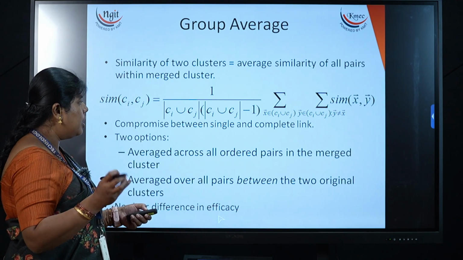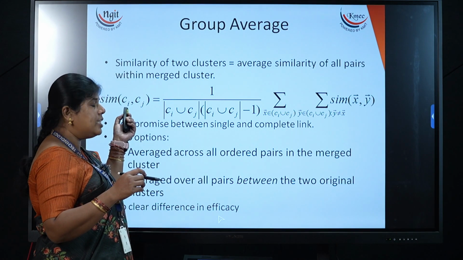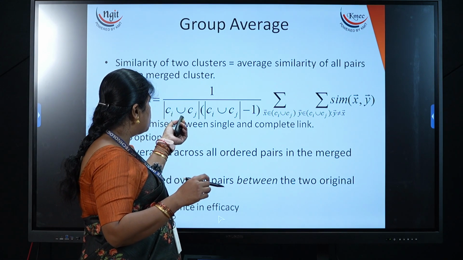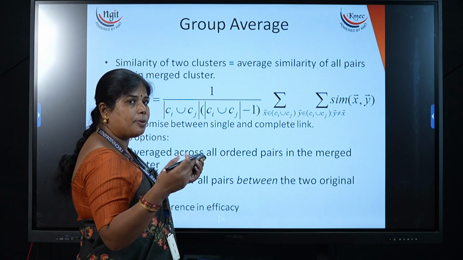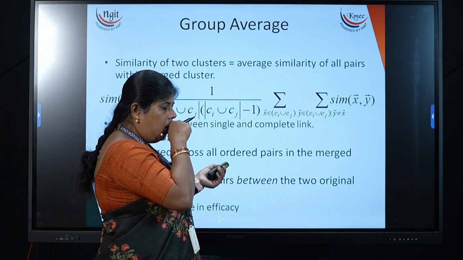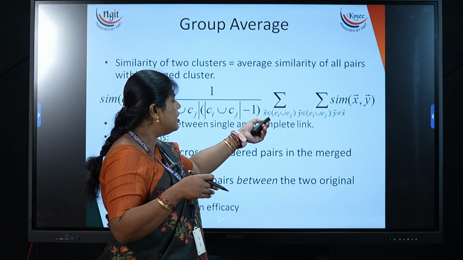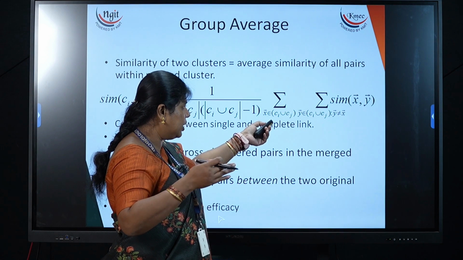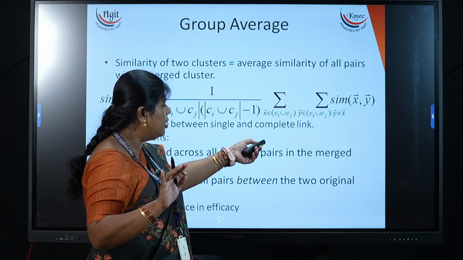The average. Here, how am I considering the similarity of the two clusters Ci and Cj? First, I should consider the absolute value of the union and subtract 1 from it. Then this should be divided by that. Then I will take the summation over all such documents which belong to both the clusters, but those documents are not the same.